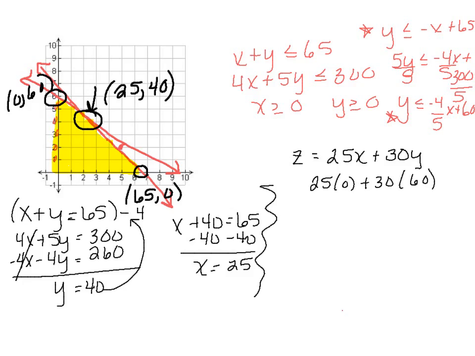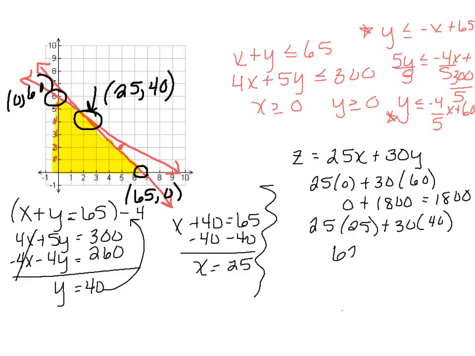That would give me 0 plus 1,800, so $1,800. Let's try 25 and 40. So 25 times 25 plus 30 times 40. That would give me 625 plus 1,200, which would be 1,825, so slightly higher.